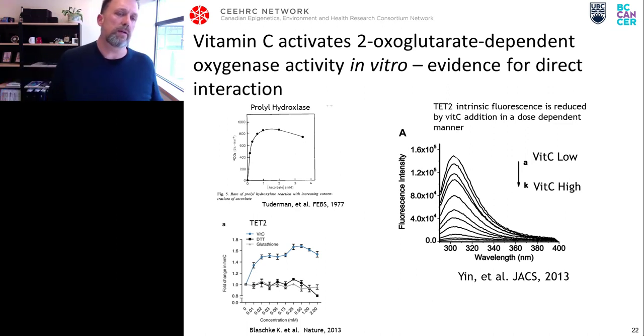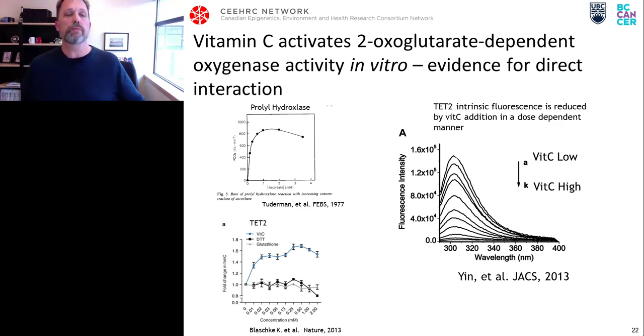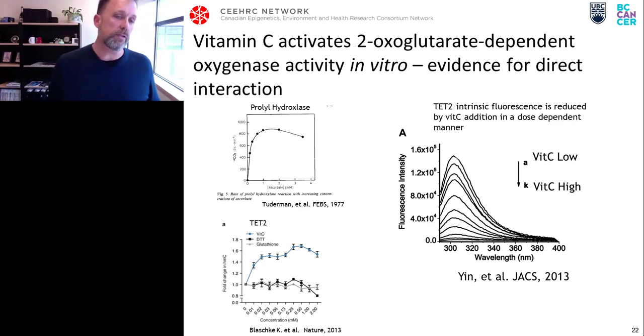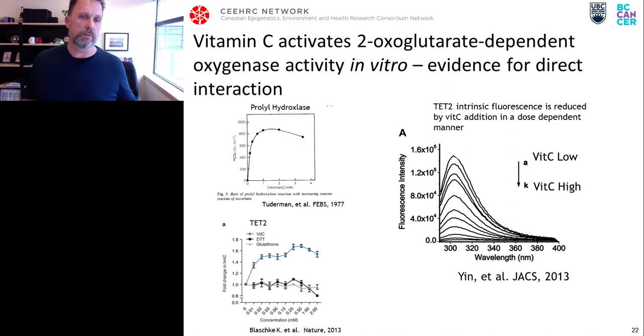This was data generated many years ago, and it was then replicated below, in this case looking at TET2. In the lower panel on the left, by adding vitamin C we can see induction of TET2 activity, whereas if we add other reducing agents such as DTT or glutathione, we don't see that activity. Again, this suggests there's something distinct about vitamin C's ability to activate TET2.